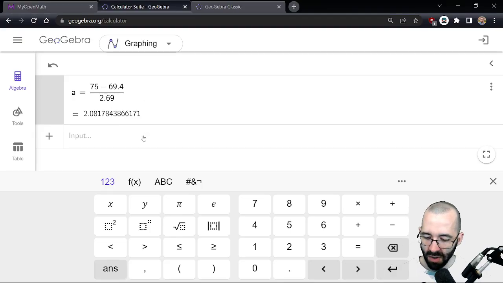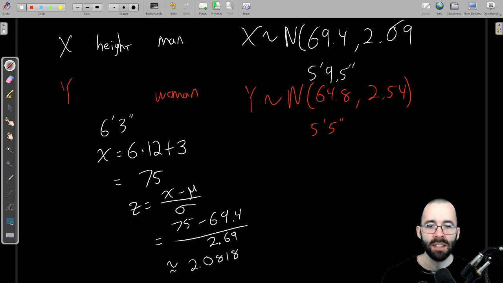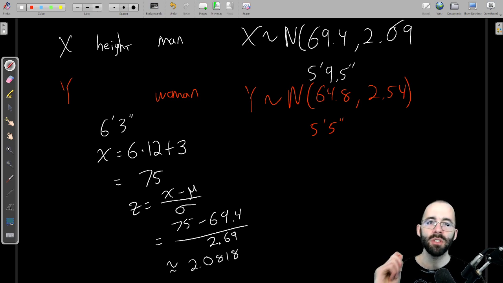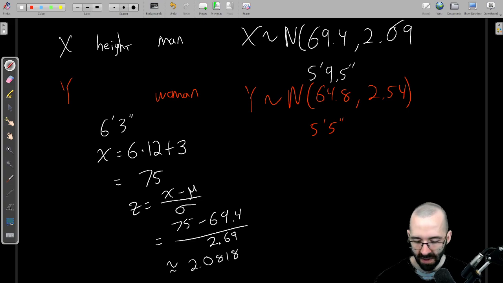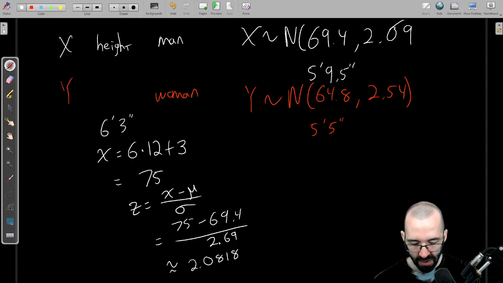That's going to be about 2.0818. A Z value of 2.0818 means that this man is about 2 standard deviations above the mean in terms of his height. Two decimal places. Oh, it only wanted 2.08.